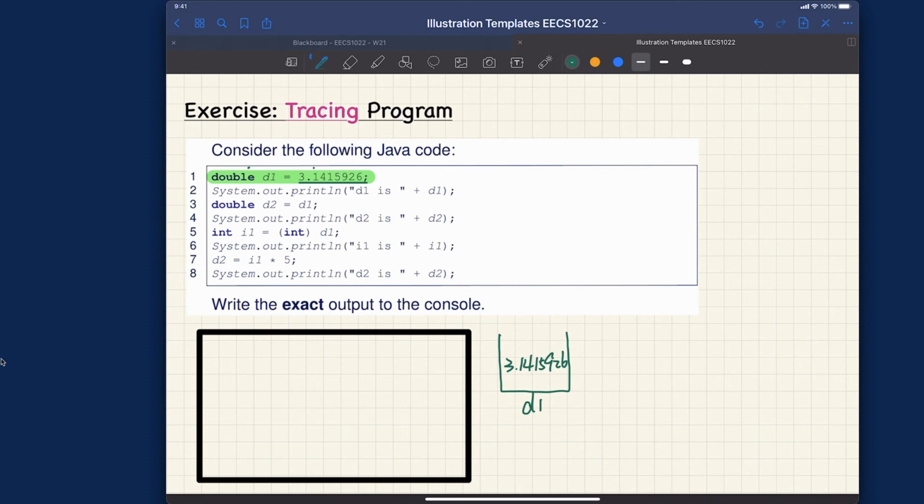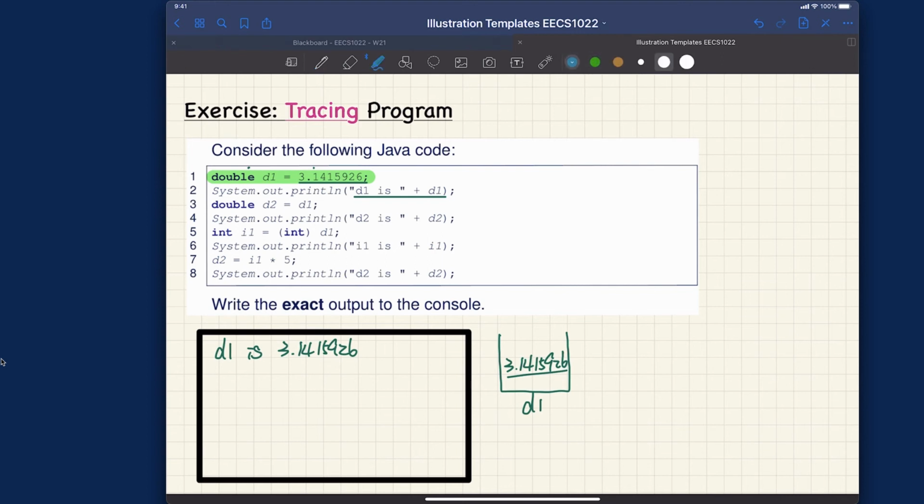Okay, that's the first line. And then when you print out "D1 is" and then simply D1, that will be D1 is whatever value it has over here. Okay, that's the first one. Hopefully so far so good.